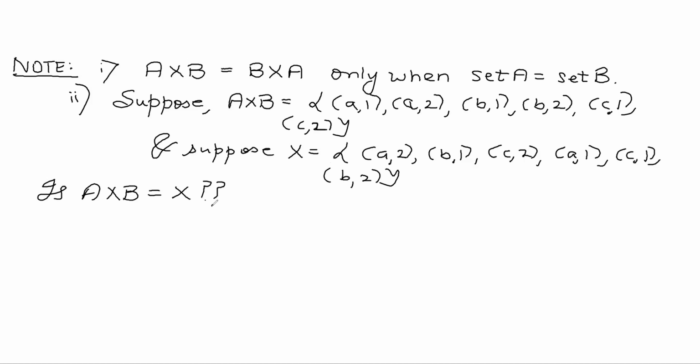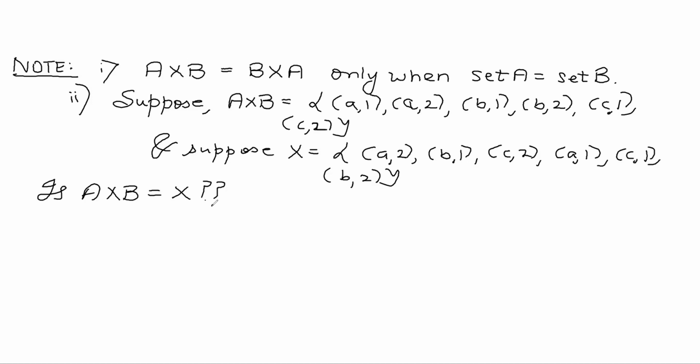So when will they be equal? They will be equal if the internal order is not disturbed, but the external order can be disturbed. Look at the statement I am speaking. A cross B will be equal to X if the internal ordered pair is not disturbed, but externally it can be disturbed.